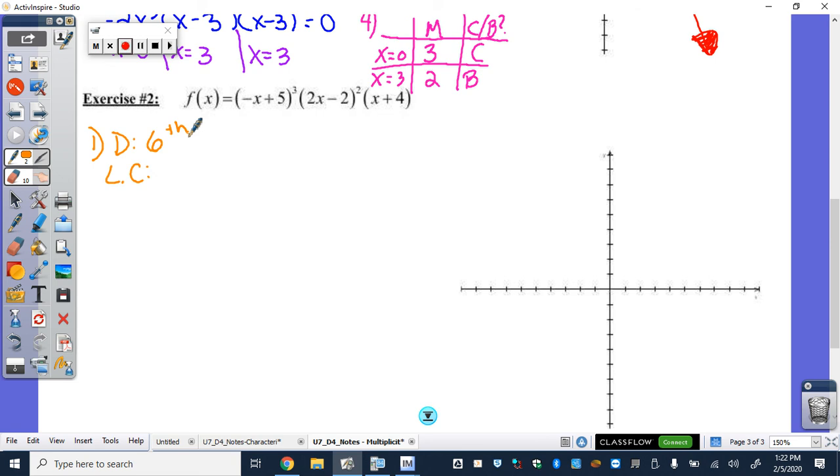How do we figure out those leading coefficients again? Yeah, multiply all the leading coefficients from the factors. So it would be -1 cubed. Those exponents play a part in it too. Times 2 squared times 1. So it would be a -4.